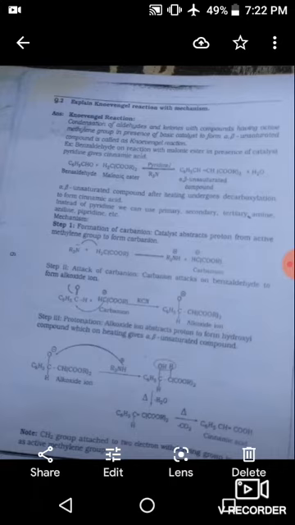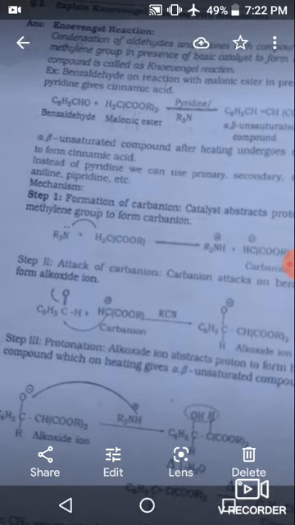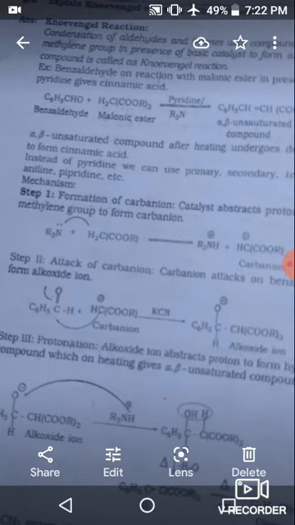The function of the base is abstraction of alpha hydrogen from this active methylene compound, forming a carbanion and trialkylammonium. In the second step, this carbanion attacks the carbonyl group of the second mole of aldehyde, forming an unstable alkoxide ion.